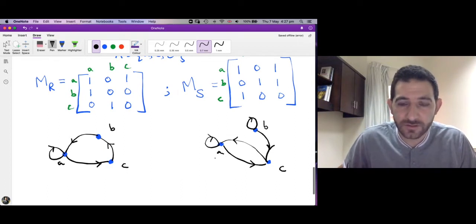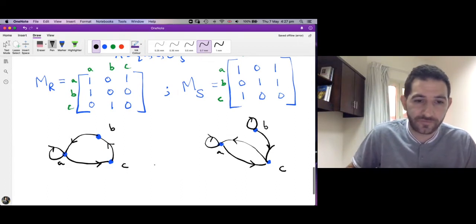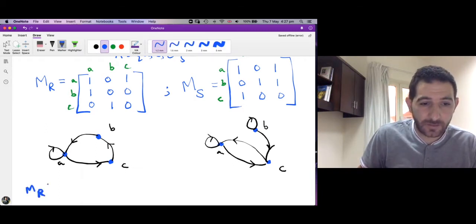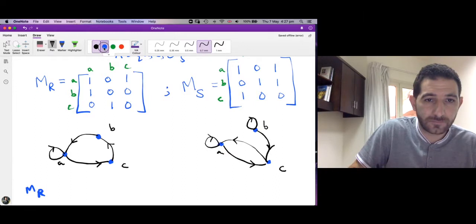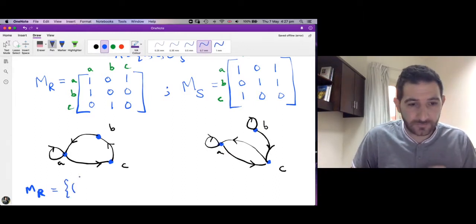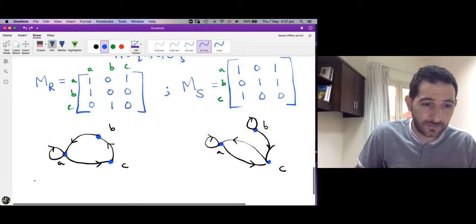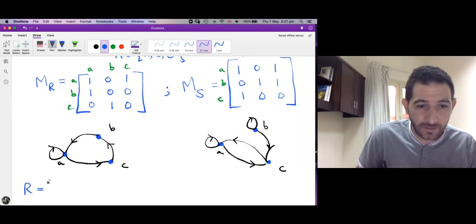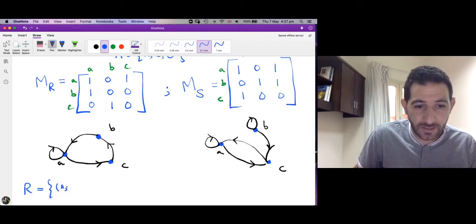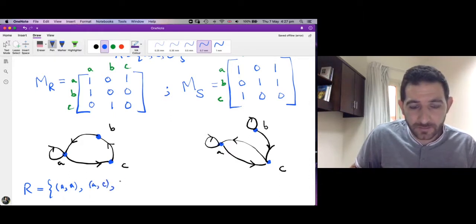Now, in terms of sets, this is R, not the matrix. The relation R itself contains 4 pairs. So it contains AA, AC, BA, and CB.